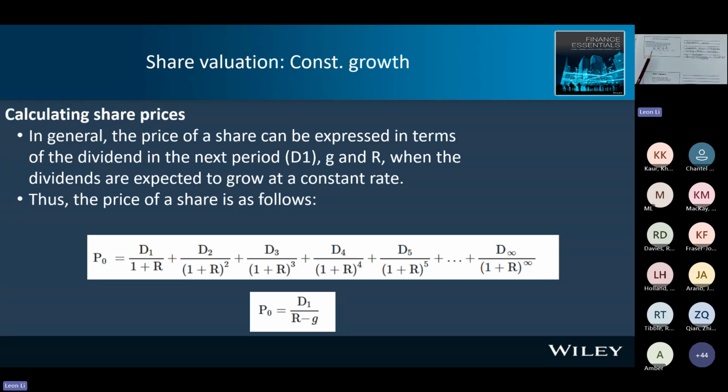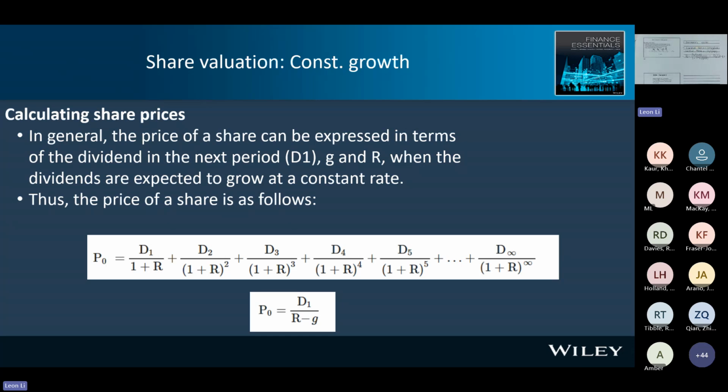In our general dividend model, D1, D2, D3 have a constant dividend growth rate. Then we have a series, and this series is a geometric series.